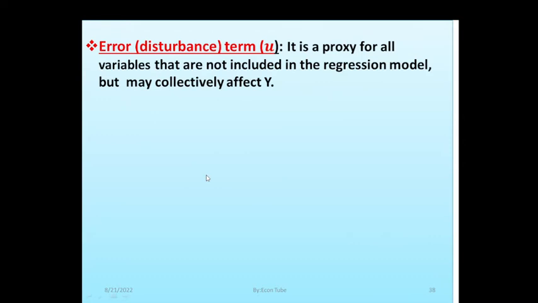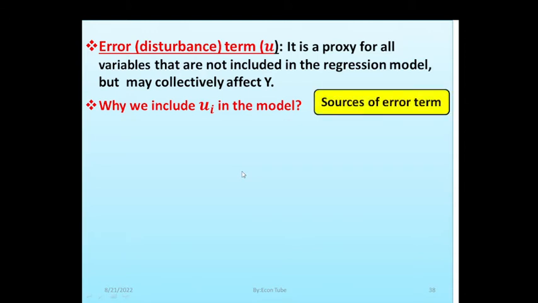So the error term, or disturbance term, is a proxy for all variables that are not included in the regression model but may collectively affect our dependent variable. Why do we include the error term in the model? We have different sources of error.